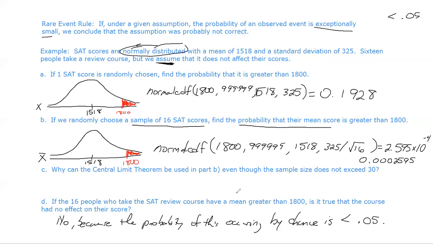Now, I will tell you that for all of the problems that we are going to be doing, you're going to be able to apply the central limit theorem. I'm not going to give you a problem where the population is not normally distributed, but I give you samples of size 25, for instance. If the population is not normally distributed, your samples need to be big enough, and 25 just isn't.